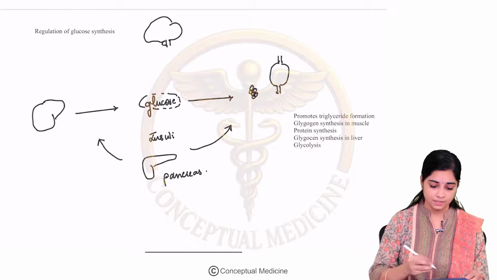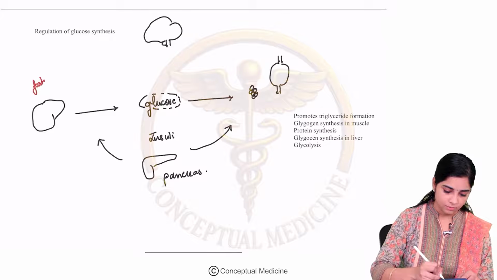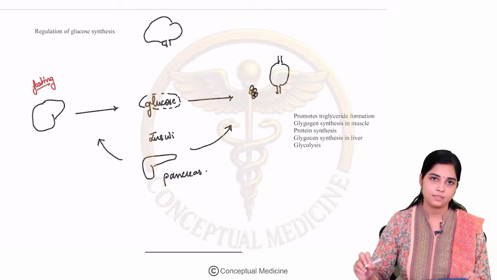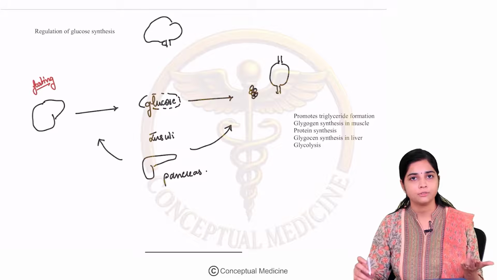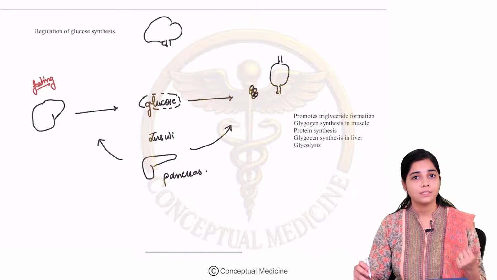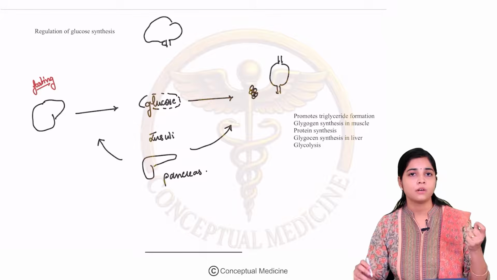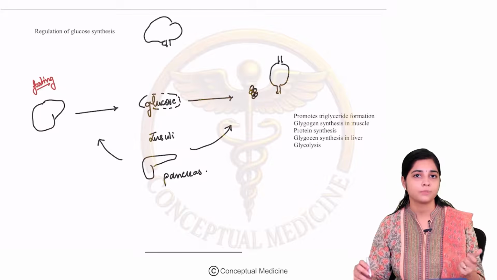Now what happens in the fasting state? For example, when you get up in the morning, you have not had food for nearly 8 to 10 hours. At that time you still need glucose in the body for normal functioning, right? If glucose is not obtained from food, where is it produced from?